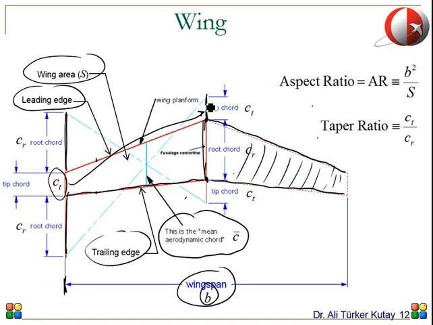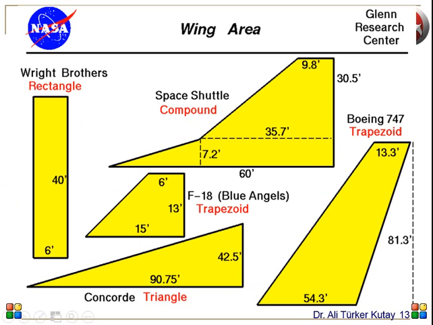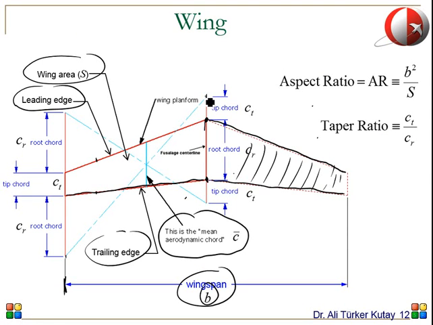So this has the same length as this tip chord, and then you draw these two lines to connect these edges. So you connect this to this part here, and then connect this thing to here, and they intersect at one point, and the chord length at this intersection point is defined as the mean aerodynamic chord.